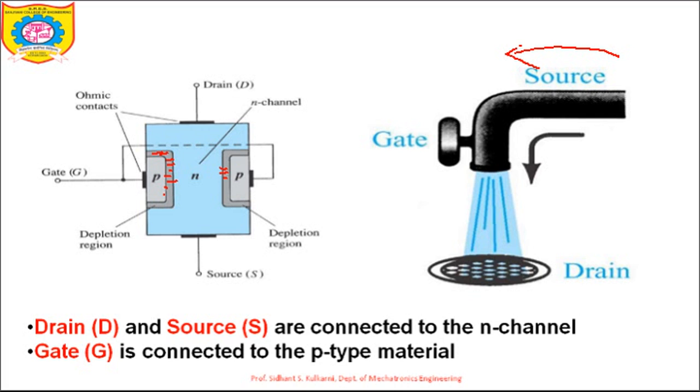In this sink we will consider the drain, and from the source the water is coming like this. Now gate is acting as the controlling terminal. If we tighten this tap, the flow of water will be reduced. If we loosen this tap to the fullest, there will be water flow to its fullest.